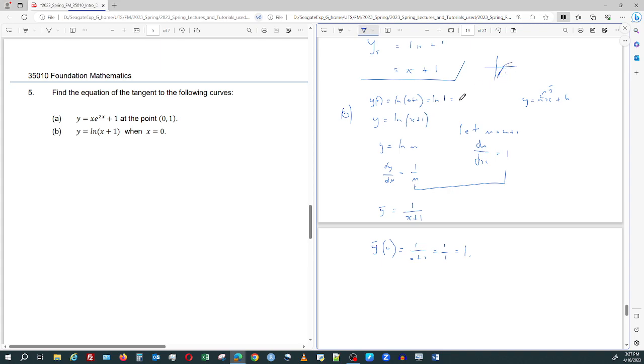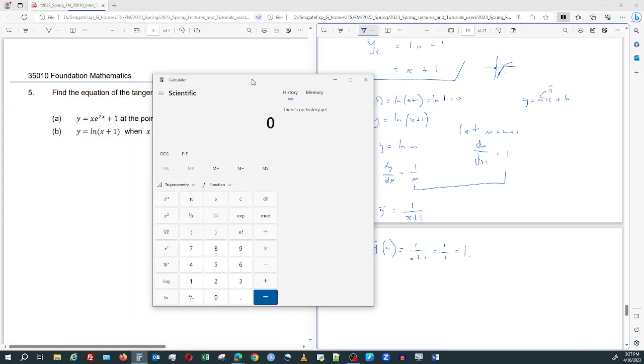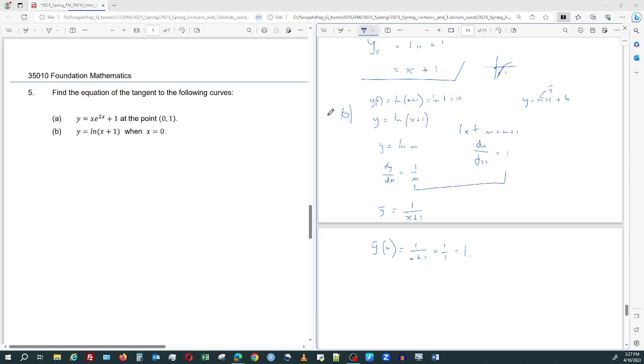The ln of 1 is 0. Here it is on the x-axis. When x is 1, y is 0. You can check it on your calculator if you don't believe me. The graph tells us that anyway. So we're at the origin.